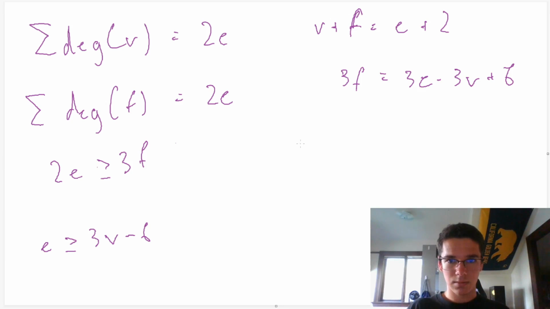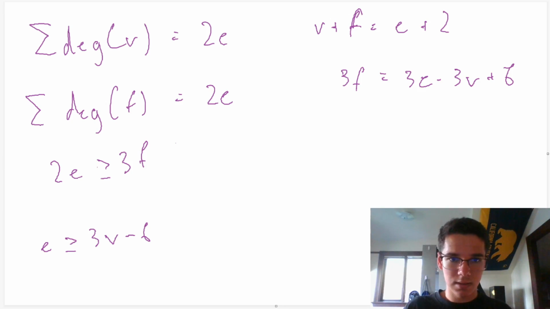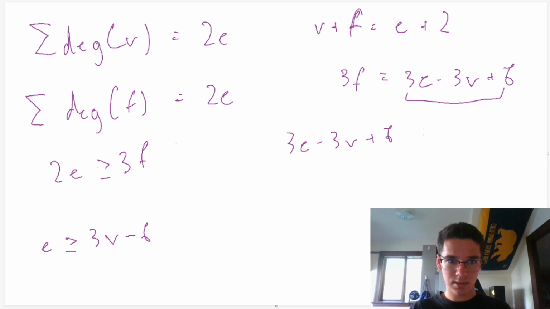So we're going to say the following. Give me 1 second. Given the inequality that 2E is greater than or equal to 3F, what we're going to do is basically treat this as 3F and then put it alongside that. So we're going to say 3E minus 3V plus 6 is equal to, it's not equal to, it is less than or equal to 2E.